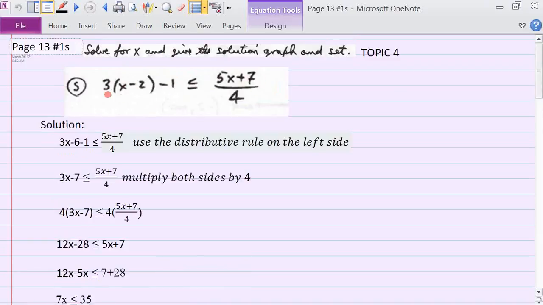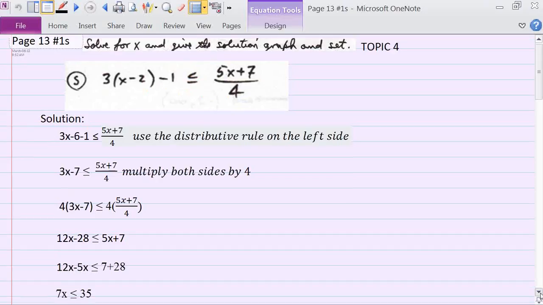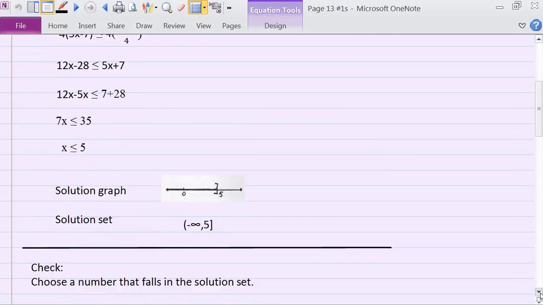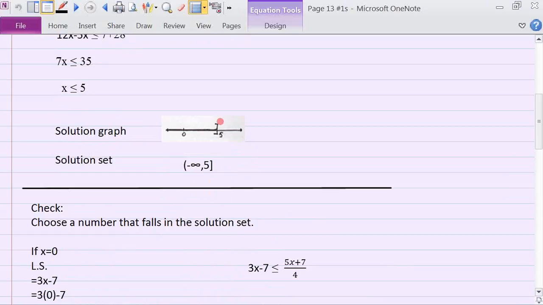So the solution to this is, as long as x is less than or equal to 5, the left side of this equation will be less than or equal to the right side. So here's the solution graph for this, x less than or equal to 5.